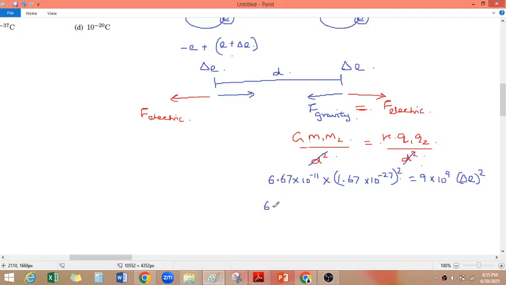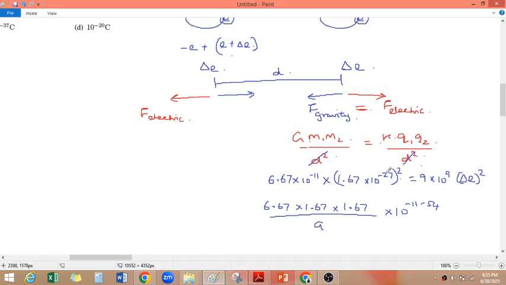So 6.67 into 1.67 into 1.67 in a square divided by 9 multiplied by 10 power minus 11. How much will this come to? Minus 54? Minus 54.